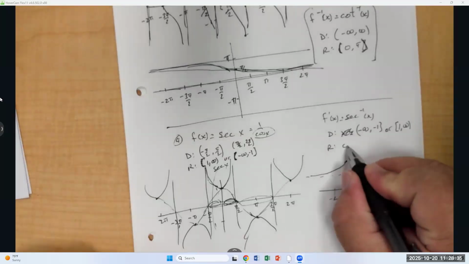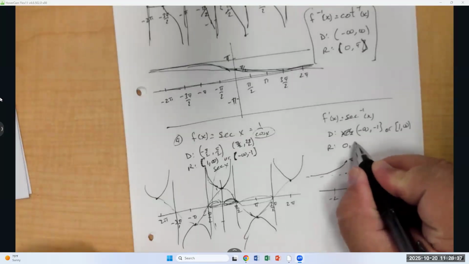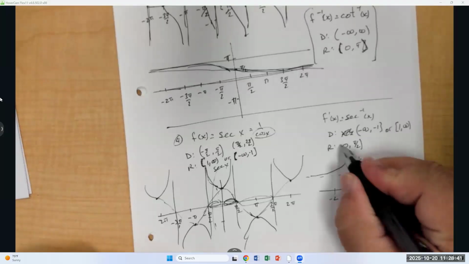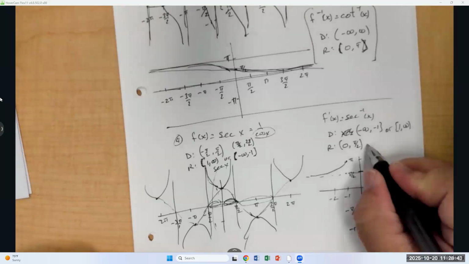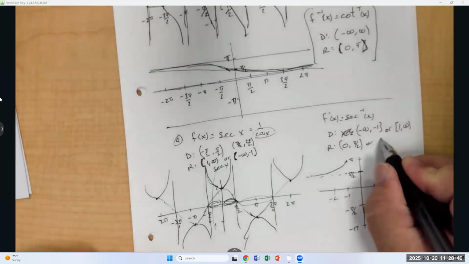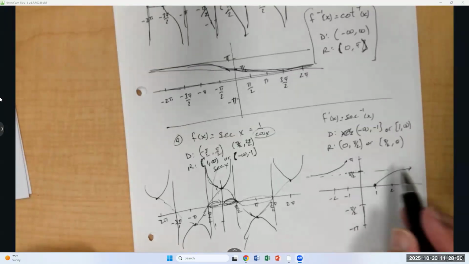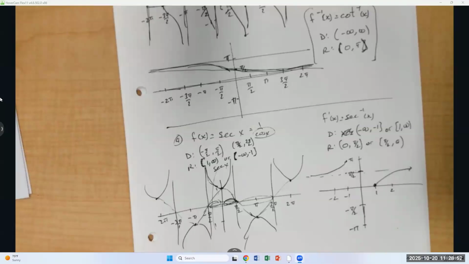So it's practically 0 to pi over 2 or pi over 2 to pi, because it all depends on which side you're on.